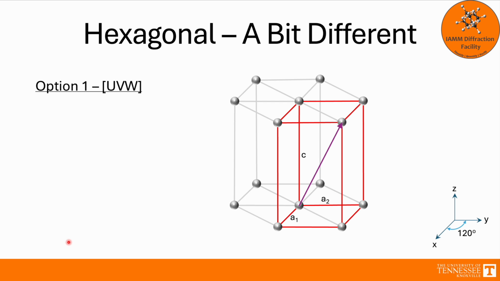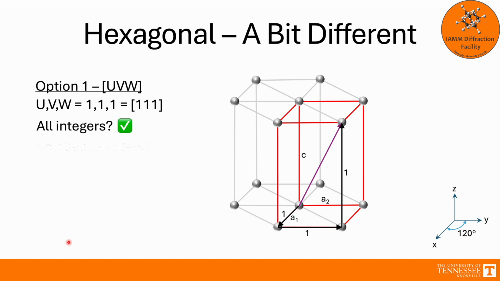To get from the origin up to the atom that this direction is pointing towards, we need to go 1 in the x direction, 1 in the y direction, and 1 in the z direction, which corresponds to a UVW of 1, 1, and 1. Are they all integers? They are. Are they the smallest common integers? They are. So this is the 1, 1, 1 direction, written in the option 1 way.